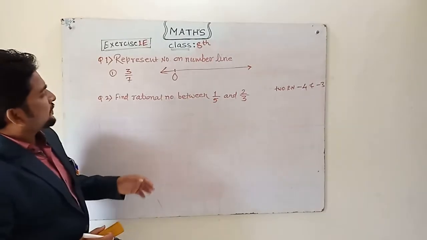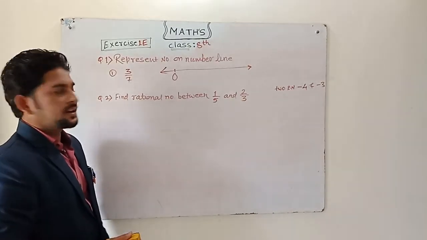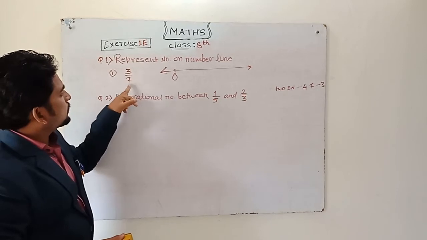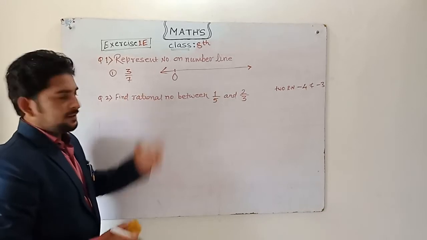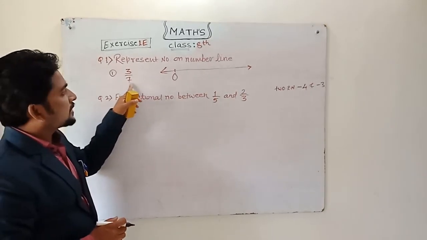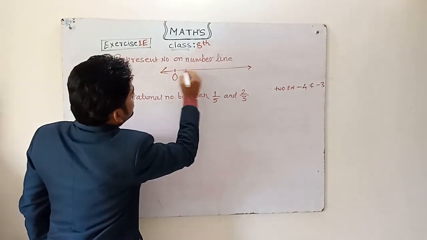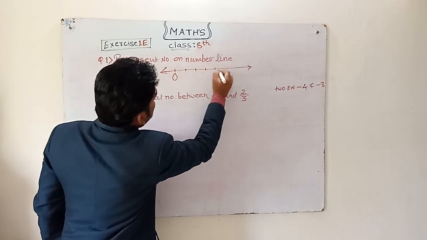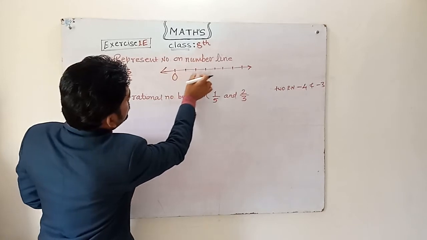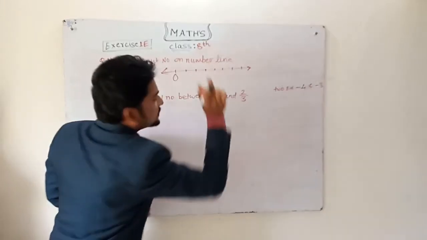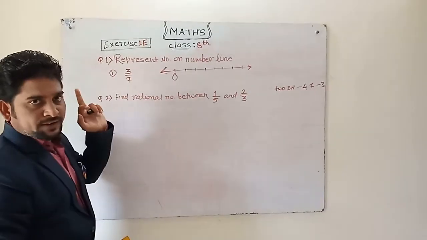In fractions, as you learned last year, 3 by 7 means the total number of parts is 7, and we shade 3 of them, right? Total how many parts? 7 parts. So we have to put 7 parts here: 1, 2, 3, 4, 5, 6, 7.